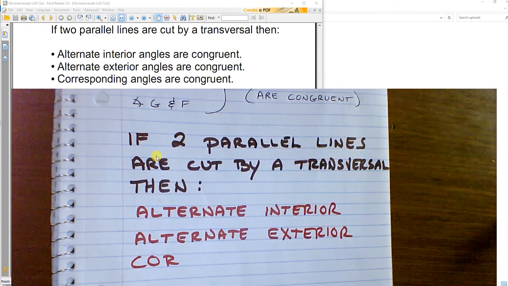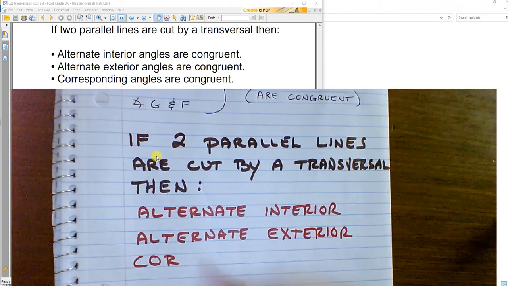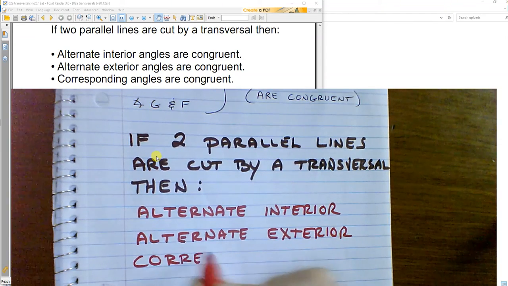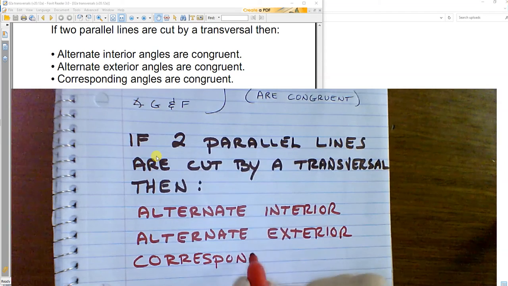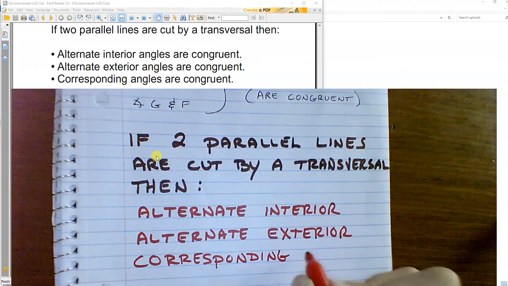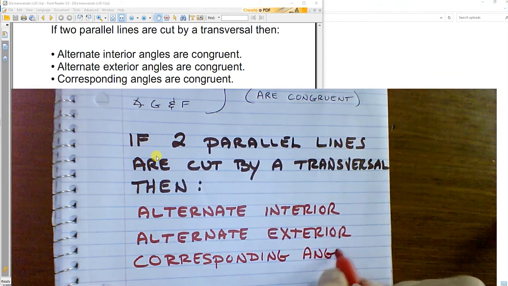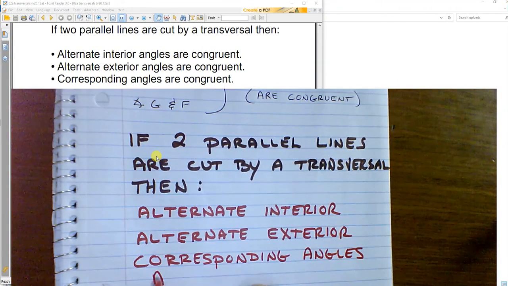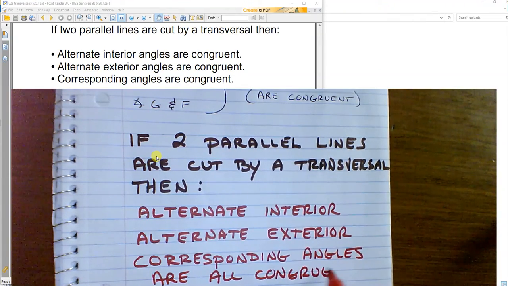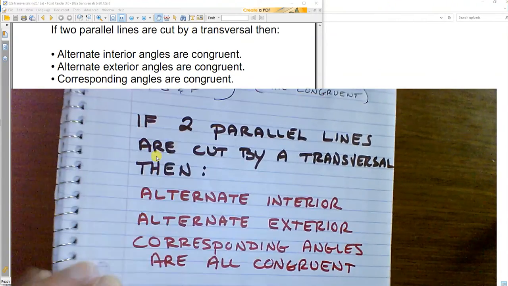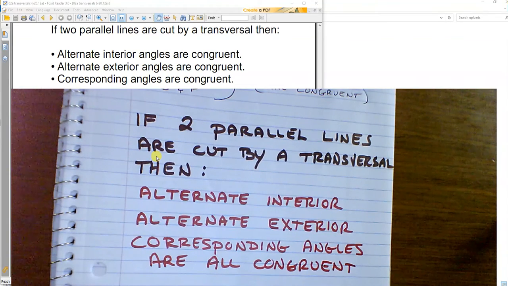Alternate interior, alternate exterior, corresponding, are all congruent, assuming it's two parallel lines cut by a transversal.